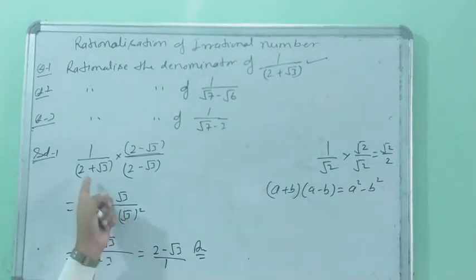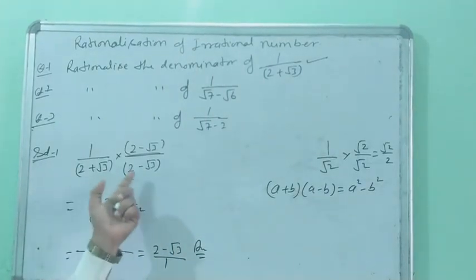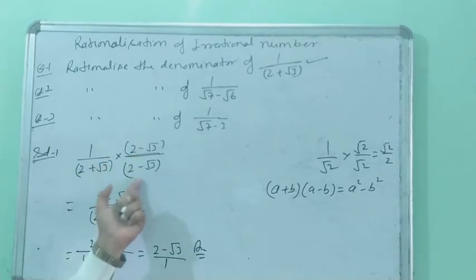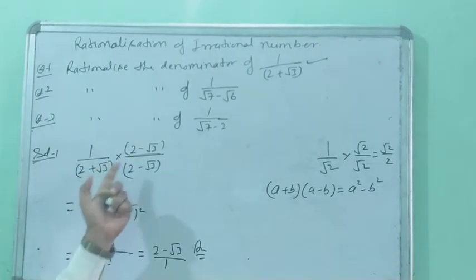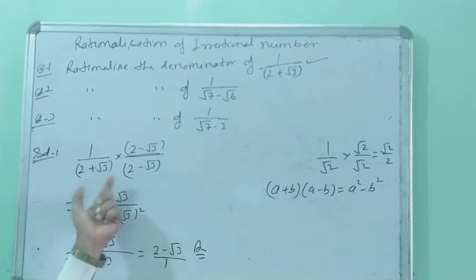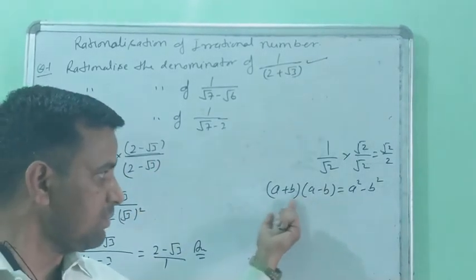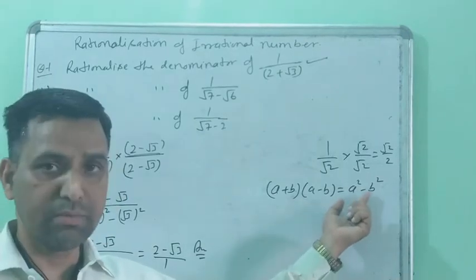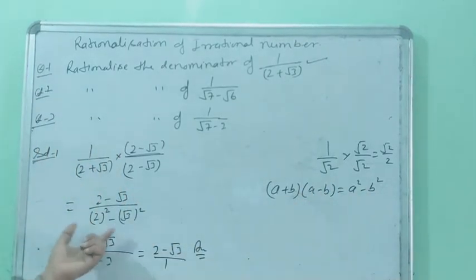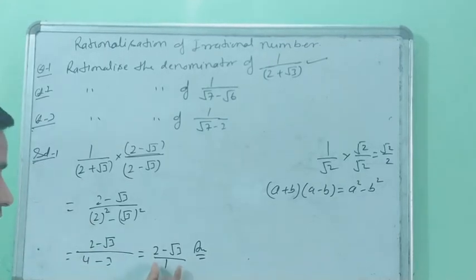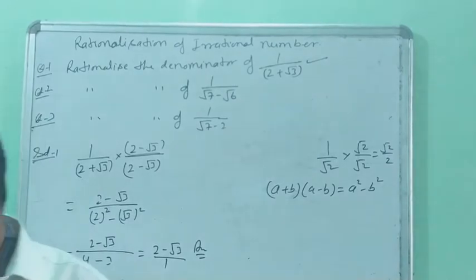Always, if your question is given in the binomial form, you multiply and divide by the conjugate of the denominator. Then the denominator will always form this identity, not a single question, always a plus b, a minus b, and the identity a square minus b square. Then within the identity you calculate and the answer will come. The next question we will solve here.